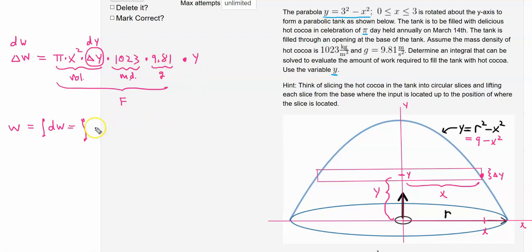Okay, so we've got pi. I'm going to move all the constants out in front. Okay, and then we have the integral of x squared times y dy.